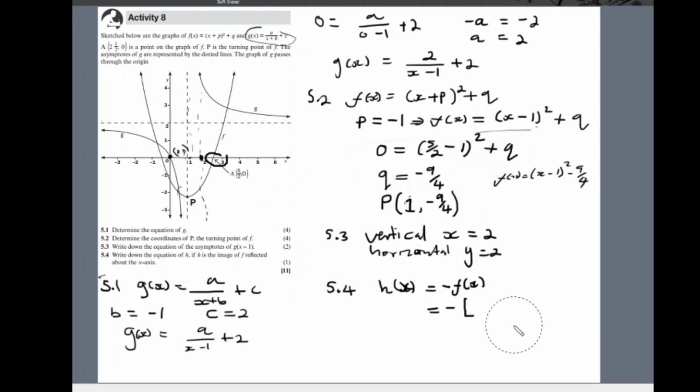So here my equation will be, we are reflecting this about the x-axis, right? So I'm multiplying this by -1. Here my equation will be h of x will be minus x minus 1 squared plus 9/4, right?